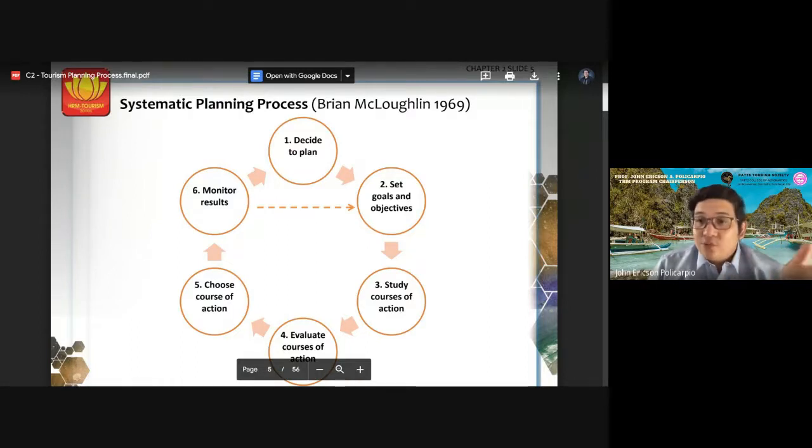Like what we are doing in our case analysis, ito yung ina-adapt nating format, no? We set objectives, we craft our courses of action, at least 3 courses of action. We evaluate them based on certain criteria, and then by the results of the criteria, we choose that alternative course of action, implement it, and create a monitoring. So yun po.